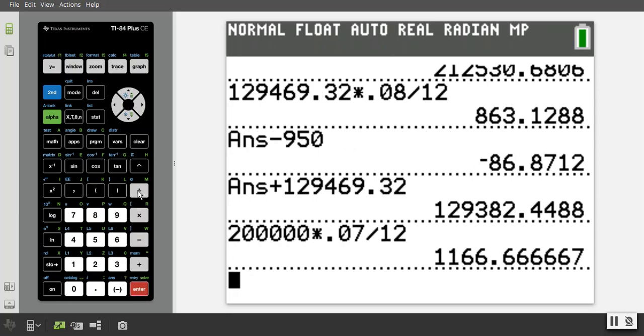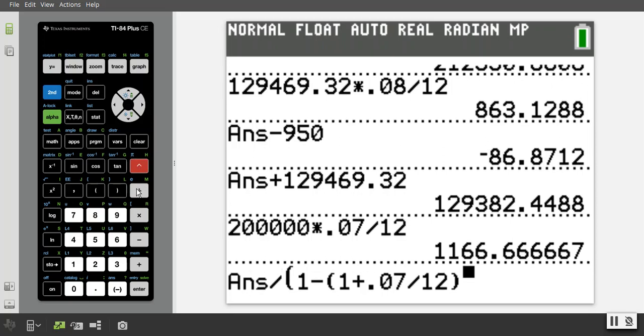Now I need to divide that amount, and mind you, you should never round before finishing the computation. They usually say to avoid any intermediate rounding because it throws it off. So minus 15 times 12, and then I need to close that.